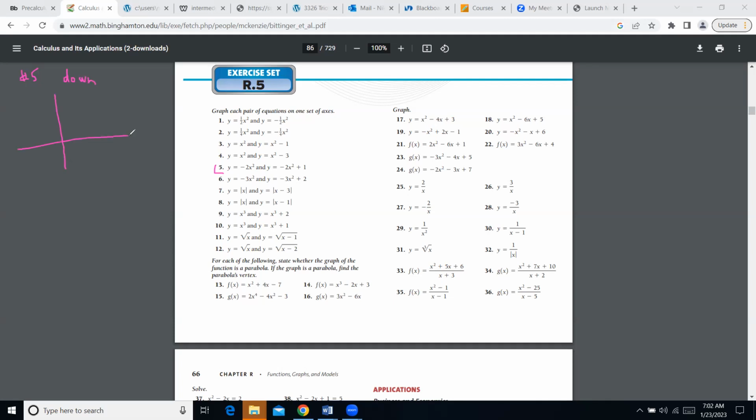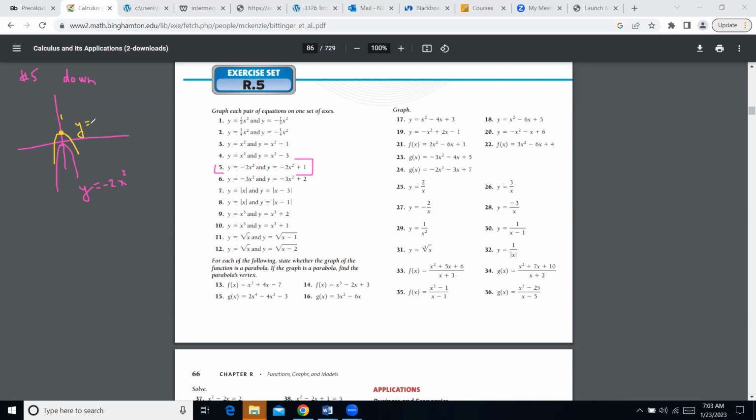If I take a look at the problem with negative 2x squared, which is like a skinny parabola that opens downwards, then with adding 1 to this, I'm going to have to shift this here, but the parabola is still going to be opening down because of the negative in front of the x squared.